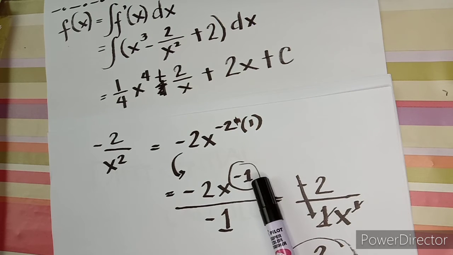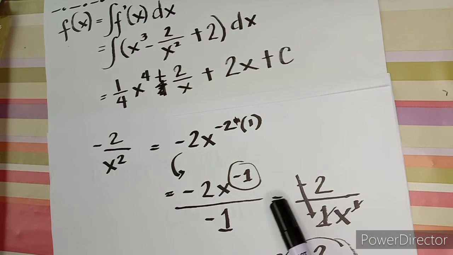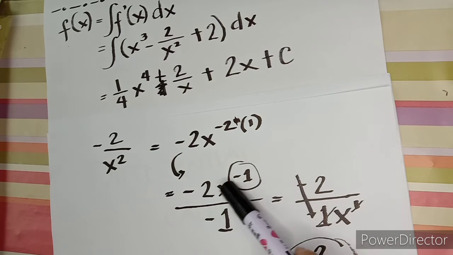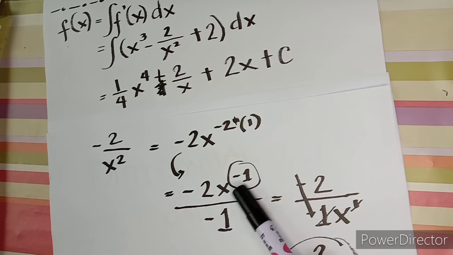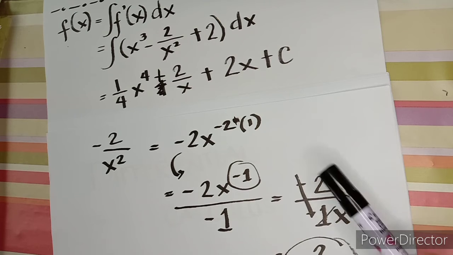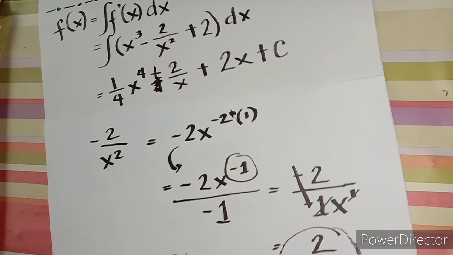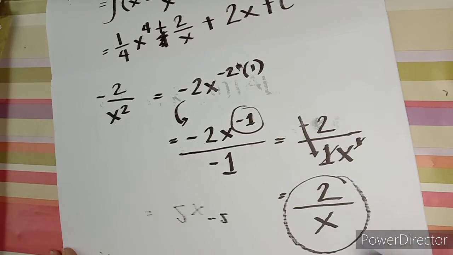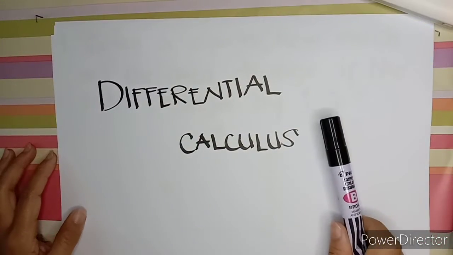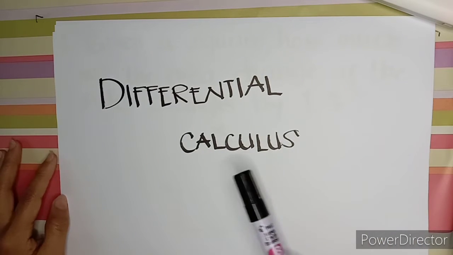Next, let us make the exponent positive, so we have negative 2 over negative 1, x to the power of 1. So cancel. The result is 2 over x. So we are done with the integral calculus, and now let us proceed to differential calculus.